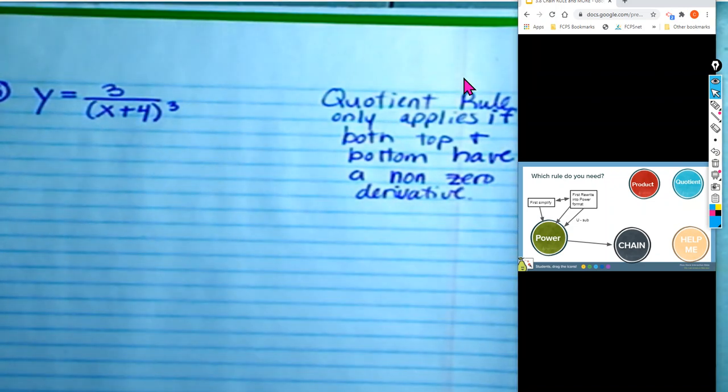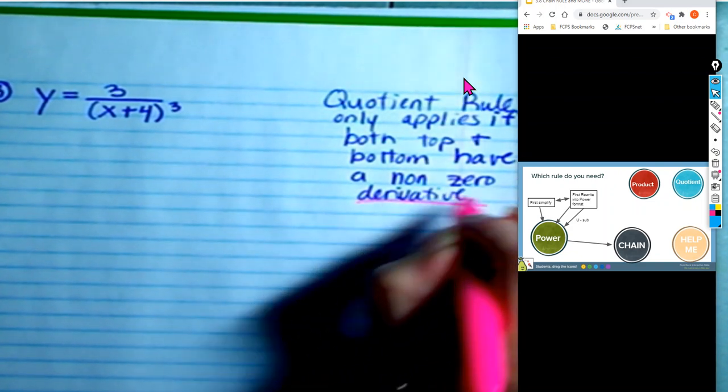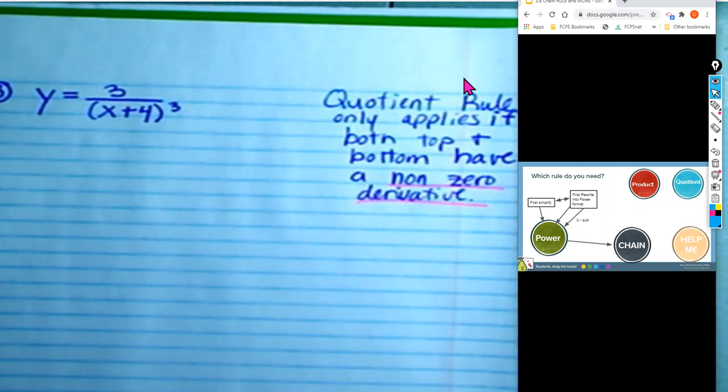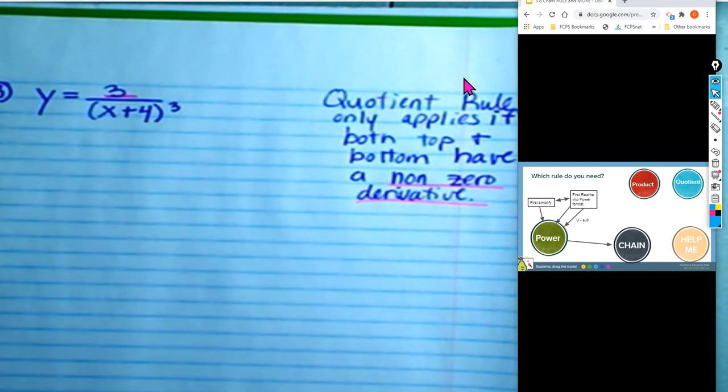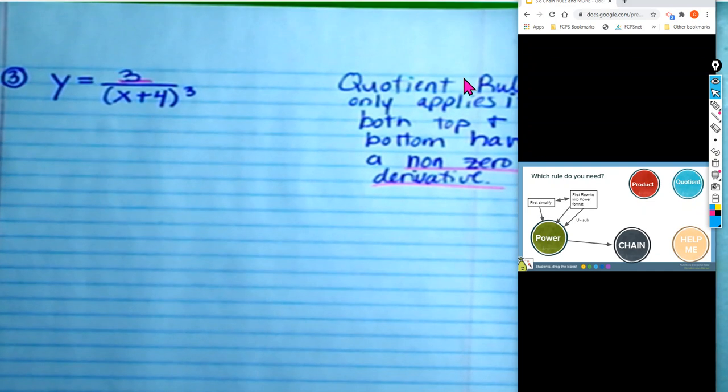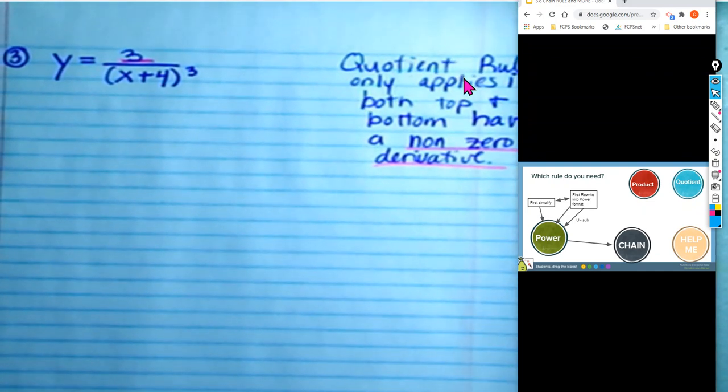Okay, non-zero derivative. That's kind of a big thing here. Because I look at the 3 here, and the derivative of 3 is 0. So this doesn't necessarily have to be the quotient rule.